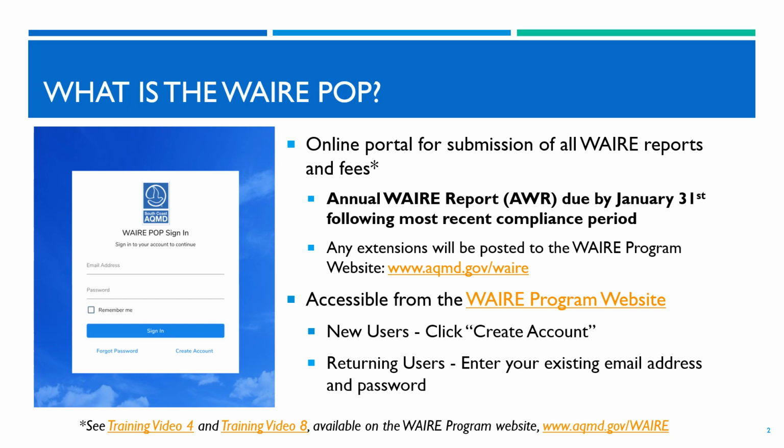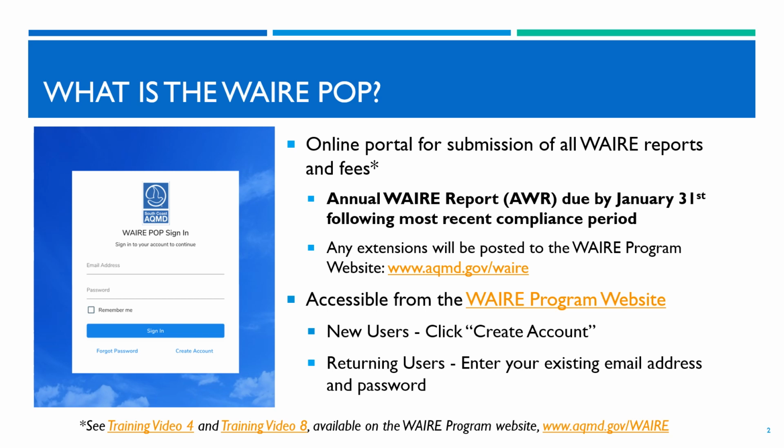If there are any updates regarding these reports, such as deadline extensions, they will be posted to the program website at www.aqmd.gov/WAIRE. For example, on a one-time basis, for the 2022 compliance period, staff is accepting AWRs through March 2nd, 2023.